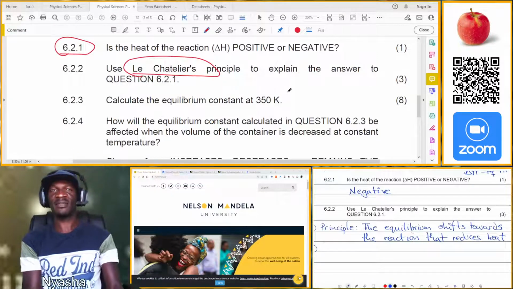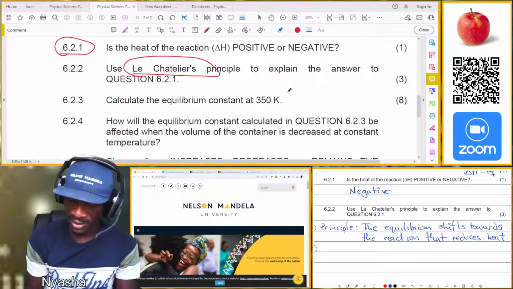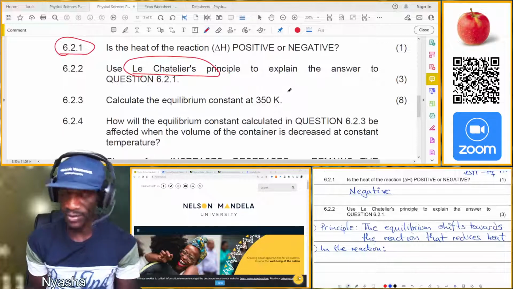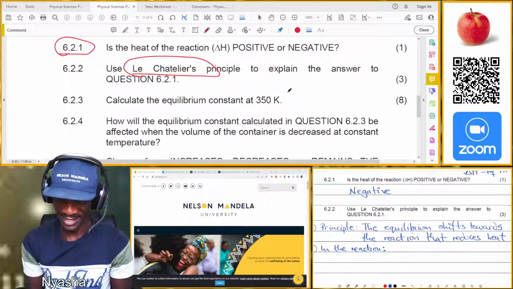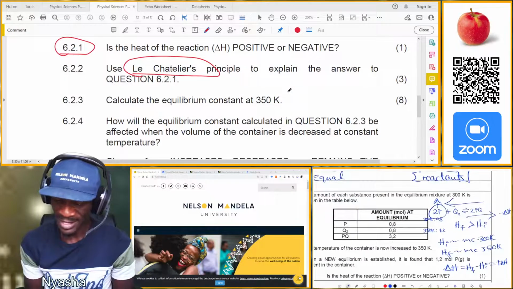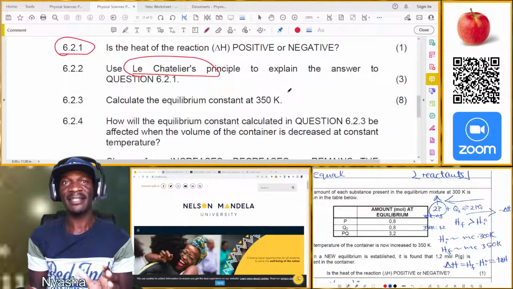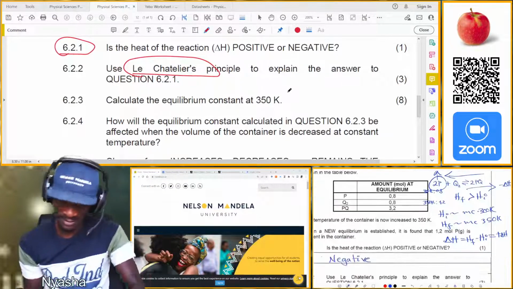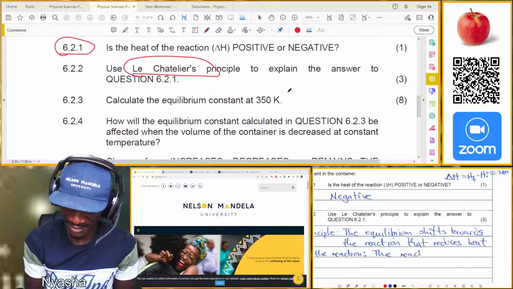Now, we've said that that is what the principle says. So in this particular reaction that we have, the equilibrium must shift towards the reaction that reduces heat, isn't it? What has taken place here is that the species that increased with the increase of heat are on the left-hand side. These are our reactants.